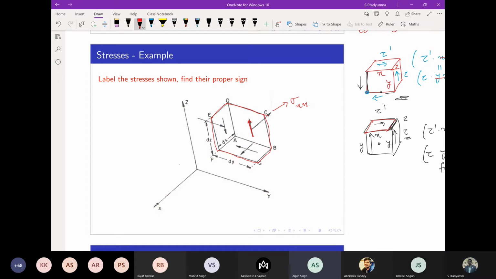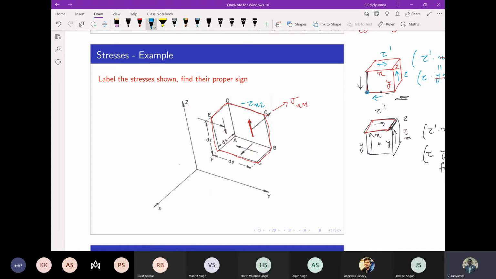This is tau xz. Positive or negative? Negative. Why is it negative? Because the surface has a negative normal, so it is acting opposite to the positive direction. Yes, this is negative tau xz.